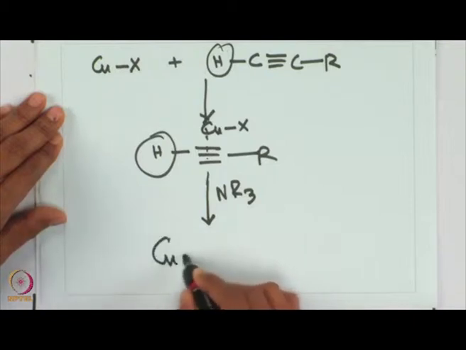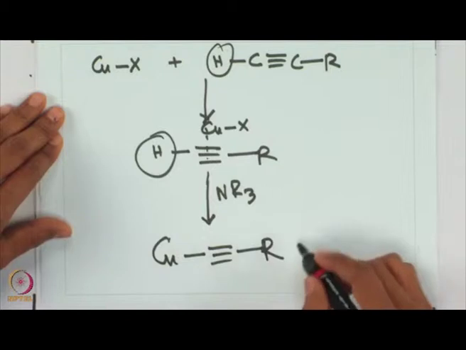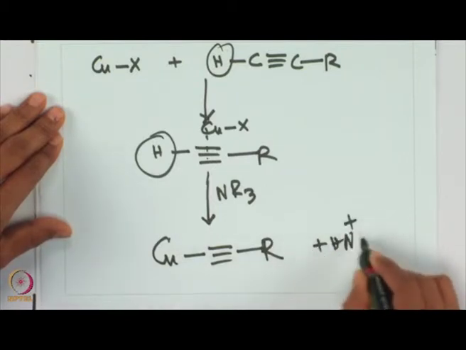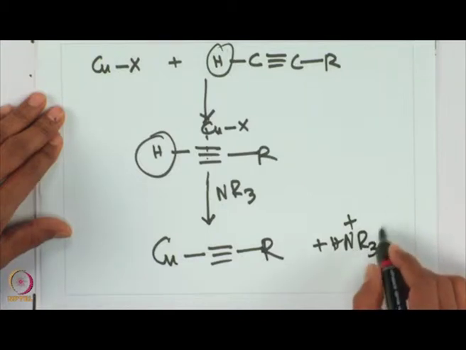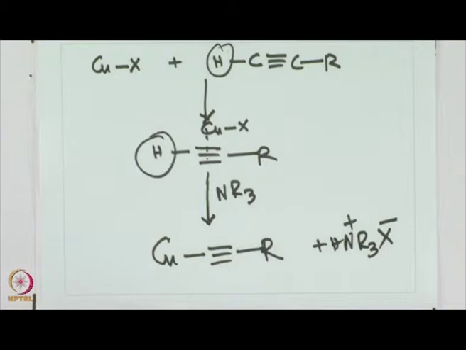In the process you have the copper acetylide intermediate formation, and you get HNR3X, right, HNR3X you overall get from this process. Now, this is very simple. So, the role of copper we do understand now.